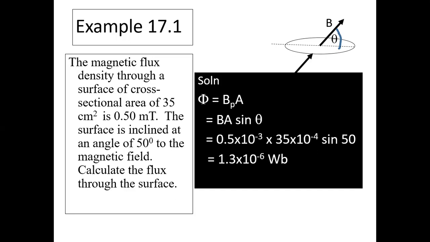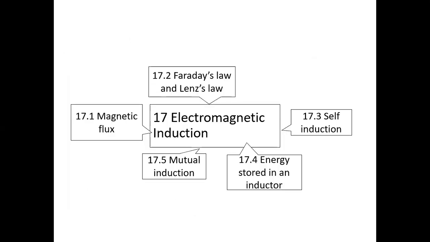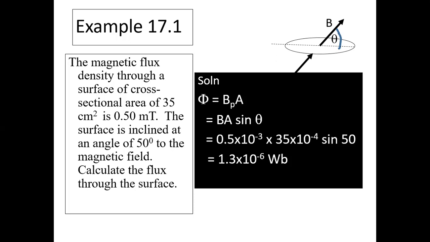Oh, I put cos 50. Okay, careless. Teacher, I put the other correct, but I put cos 30, not sine. Okay, it must be sine. I thought I saw just now the formula was cos. That's why you don't look at the formula carefully.